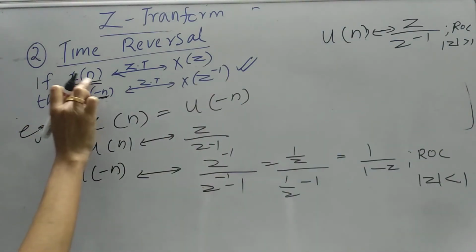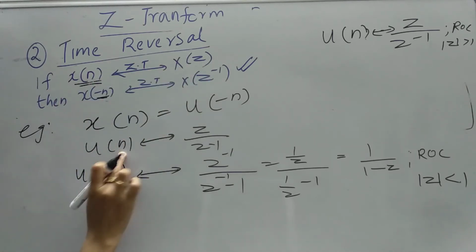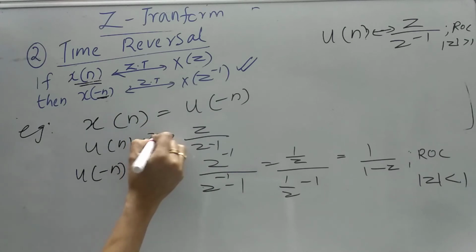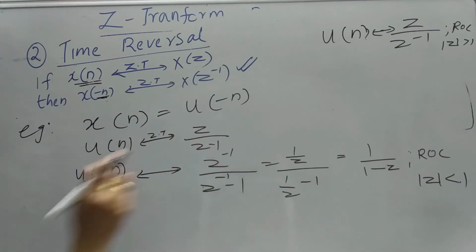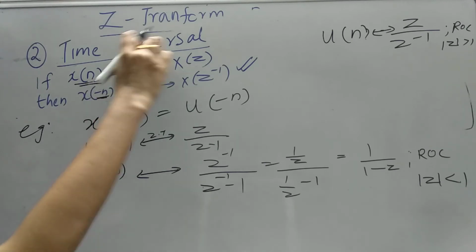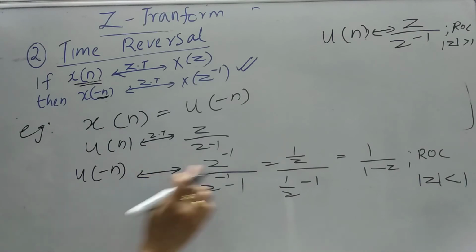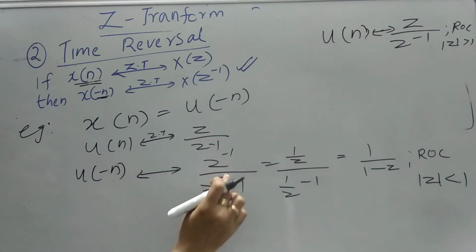Simple thing: when x of n came, you had x of z. When u of n came, you had the z transform pair z by z minus 1. When x of minus n comes, according to the time reversal property, we replace z by z raised to minus 1. Okay, this is a simple example.